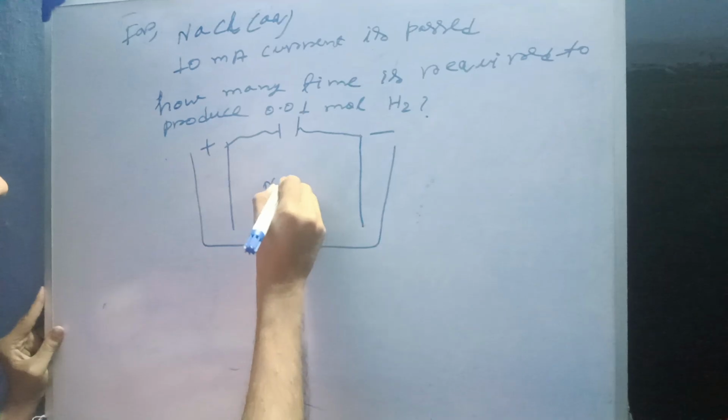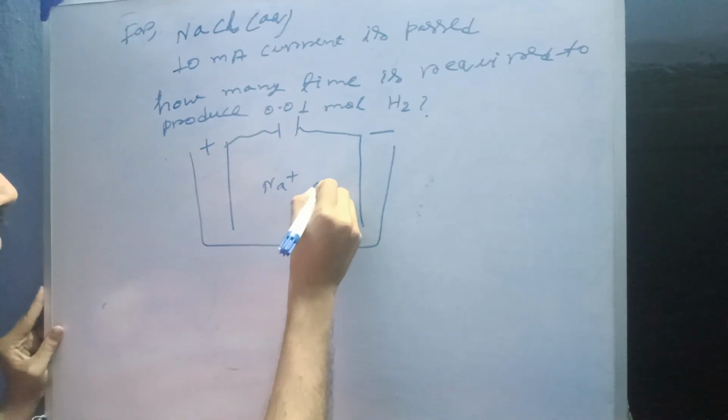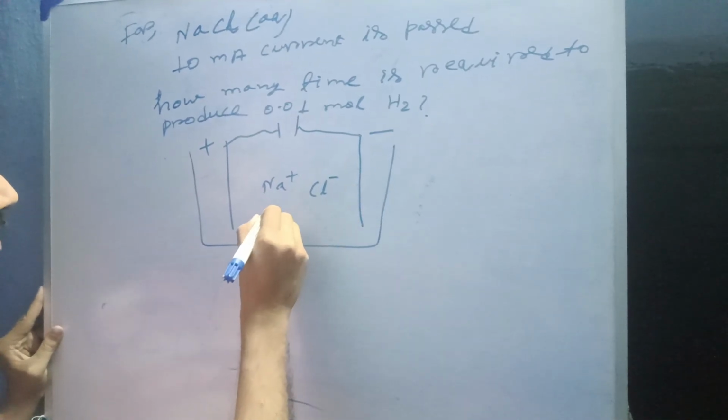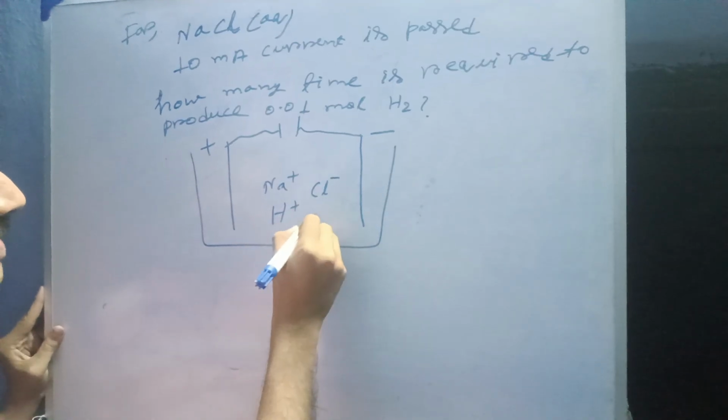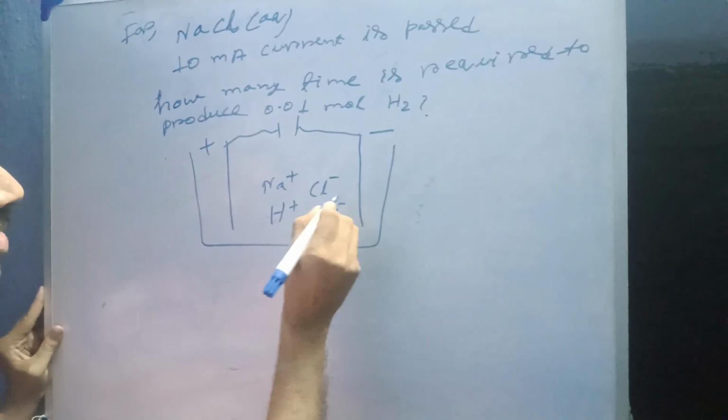So NaCl gives Na plus and Cl minus, and water gives H plus and OH minus.